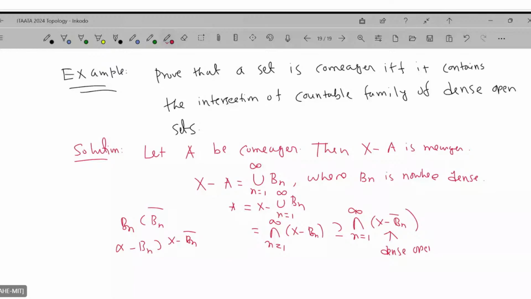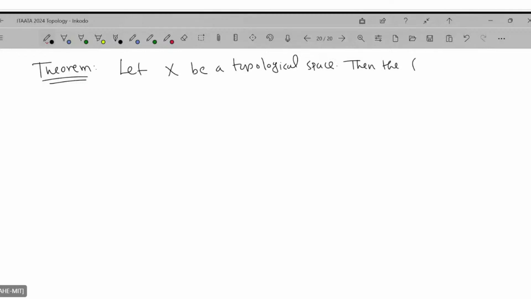Okay, the next theorem. Let X be a topological space, then the following conditions are equivalent.